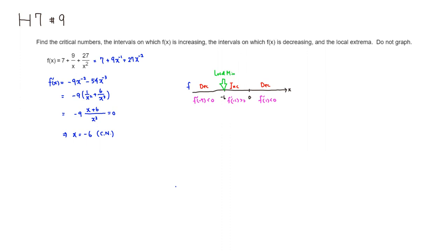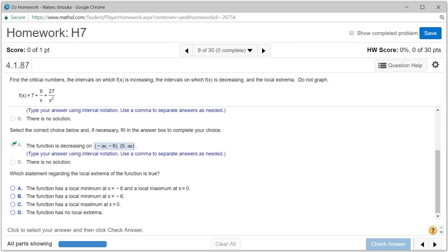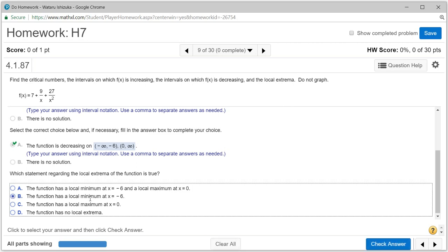The statement that the function has a local minimum at negative 6 and a local maximum at x equals 0 is false because the function is not defined at 0. And B should be correct: the function has a local minimum at x equals negative 6.